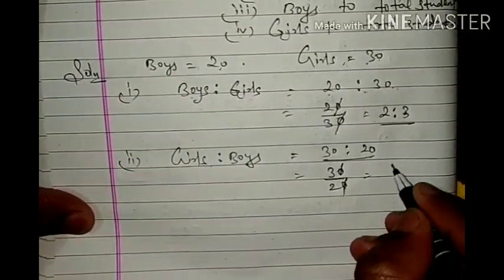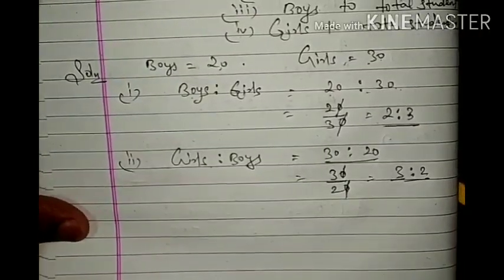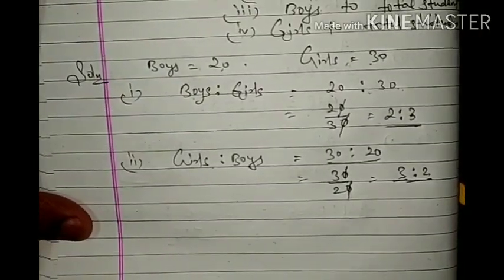So what do we get? 3 ratio 2. I hope it is clear to everyone.